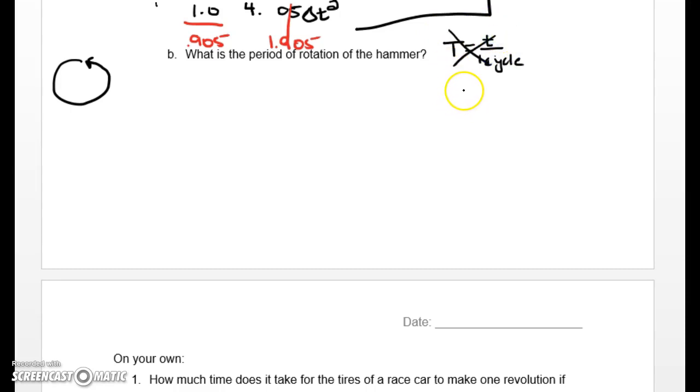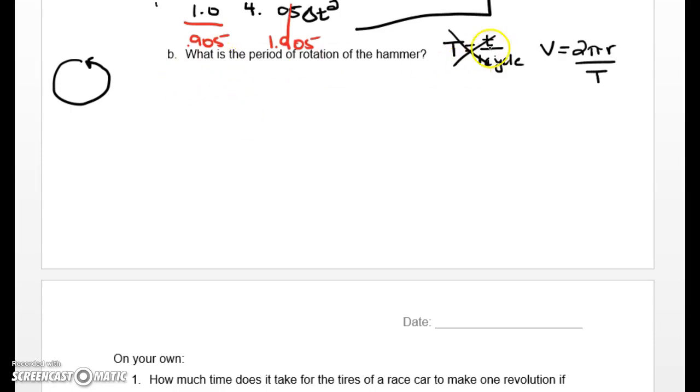So hopefully your brain is then asking, okay, what other kind of formula do I know that works with period? And that, in fact, is our speed equation for circular motion: speed equals 2 pi r divided by your period. That means we need to know our speed and the radius that we're throwing this hammer in.